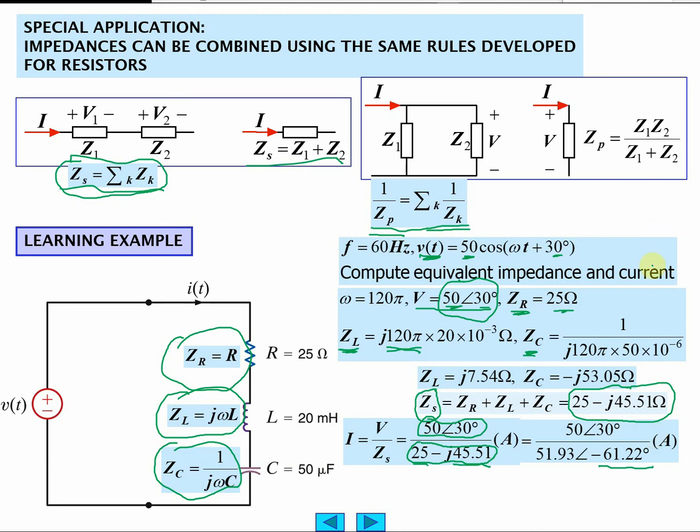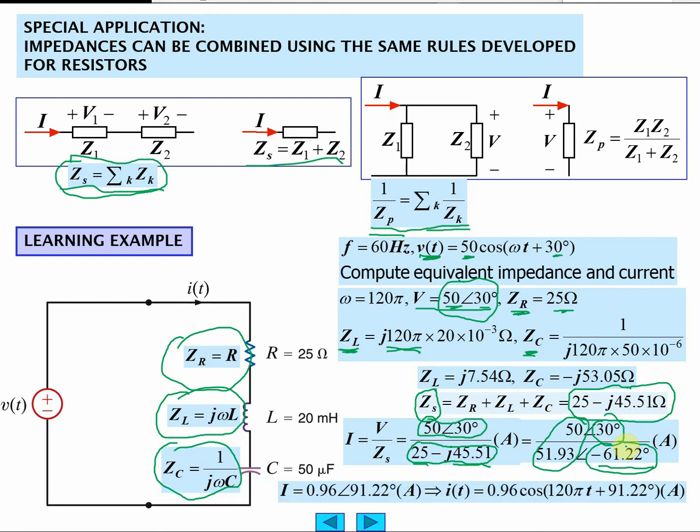And then, of course, from here, you divide these. These are magnitudes. They just divide. And you take this angle, subtract the negative 61.2. So we got an angle pretty close to 90 degrees. There we go. Positive 90 degrees.